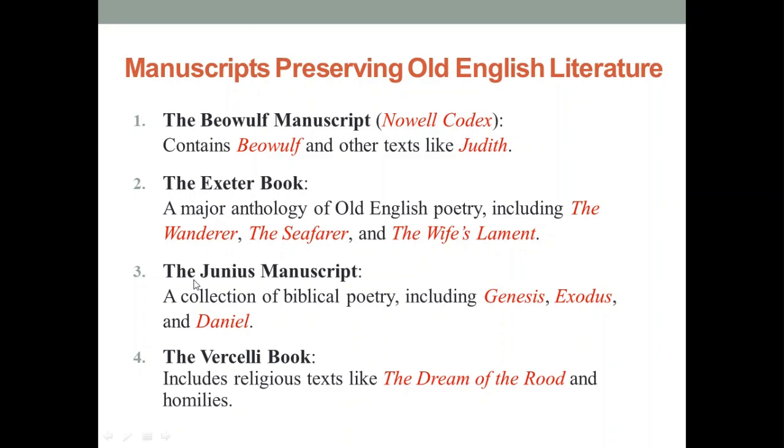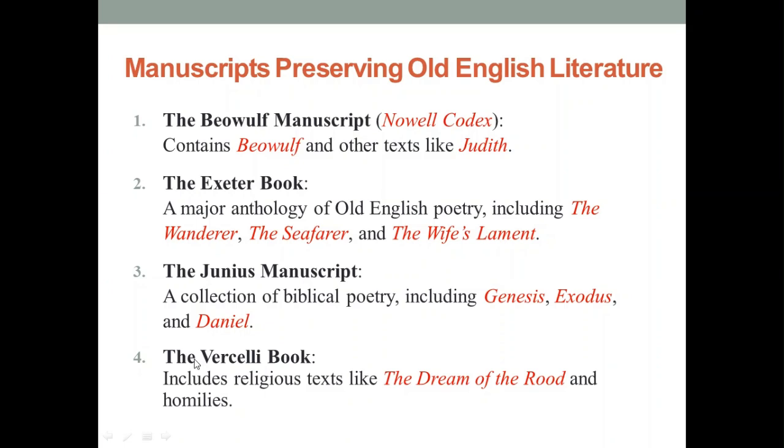Then the third manuscript is the Junius manuscript. It is also a collection of biblical poetry, poems written on the basis of the Bible, which includes Genesis, Exodus, and Daniel. So these important poems are included in the Junius manuscript.